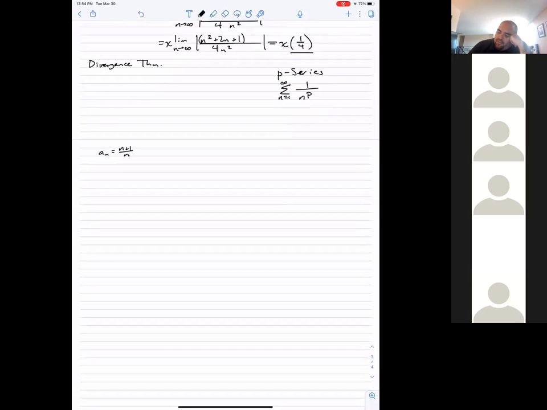What would the first few terms look like? The first term would be 2, and then 3 over 2, 4 over 3, 5 over 4, and so on, right?